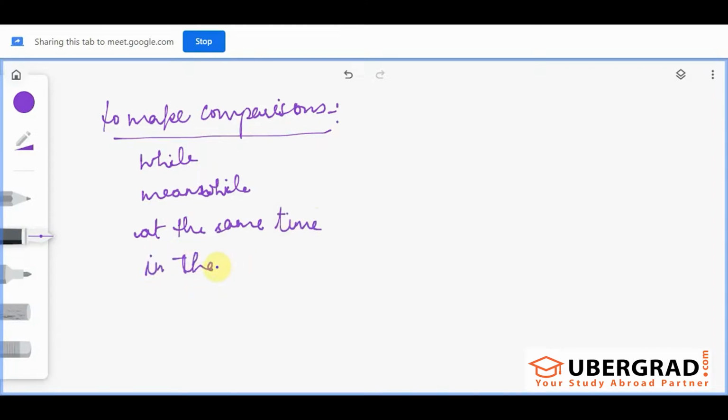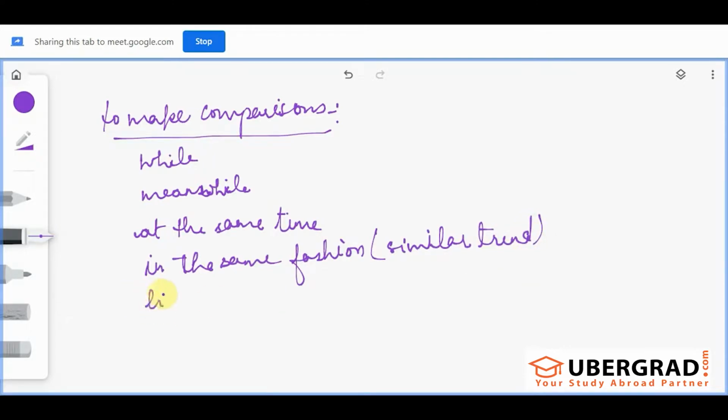So when do you use in the same fashion? When the trends are similar. When one is increasing and the other one is also increasing, then we can use in the same fashion.